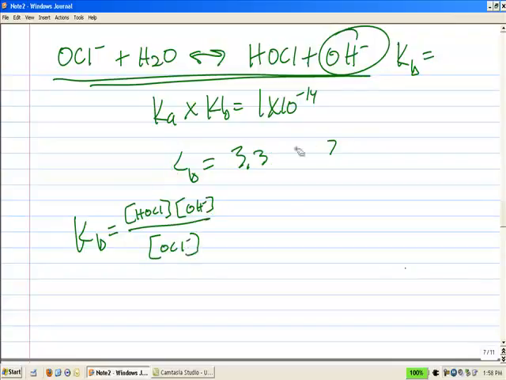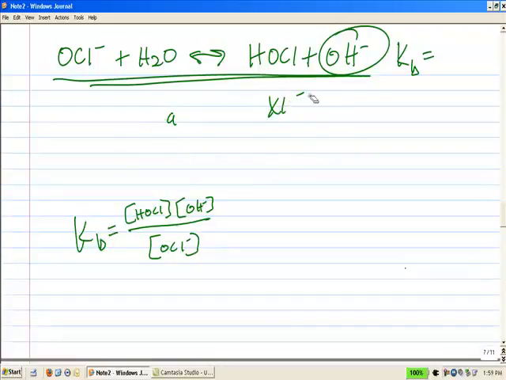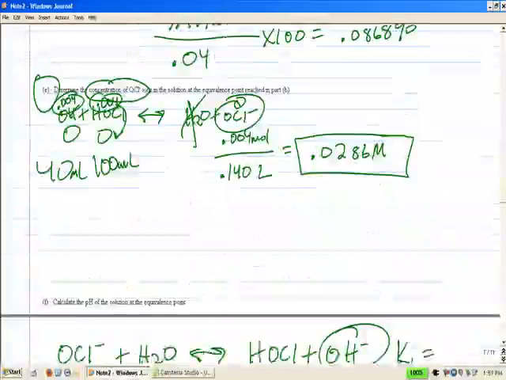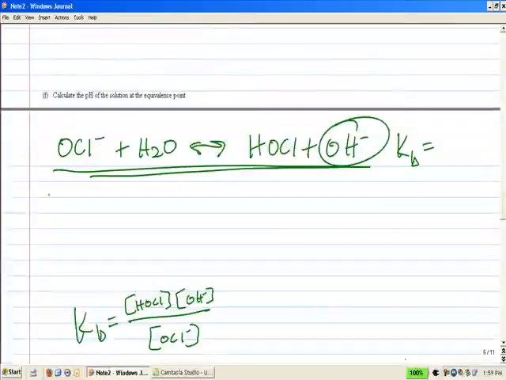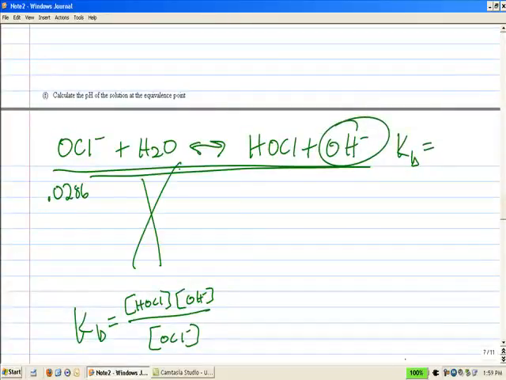Now, if we make a modified ICE table here, we can see that the concentration of OCl minus at the equivalence point we just calculated is 0.0286. So it's going to be 0.0286. The water's out, 0 and 0, minus x, plus x, plus x.